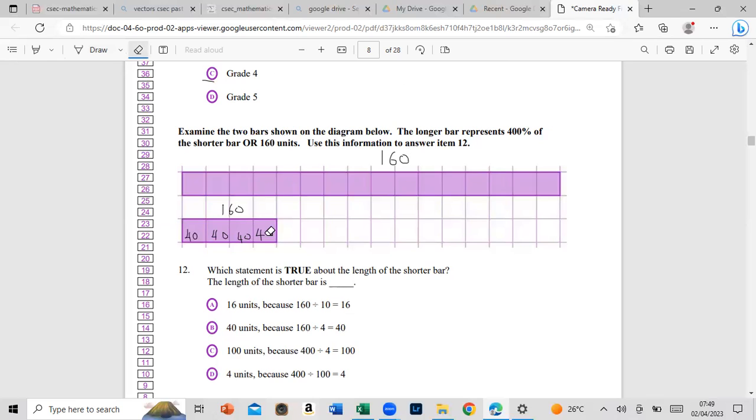Sorry about that. Alright, and it says it's 400%, so the shorter bar would be 40. So that would be B.